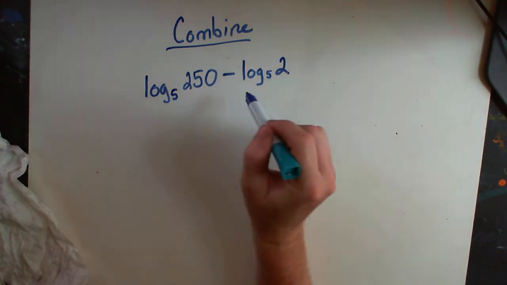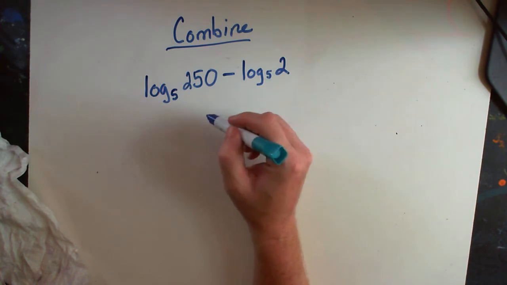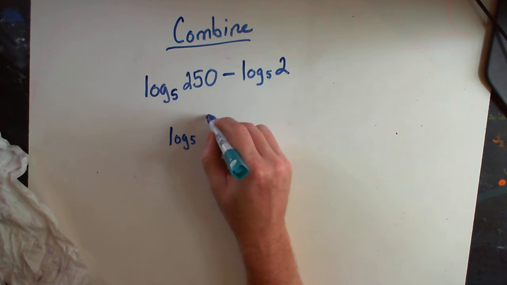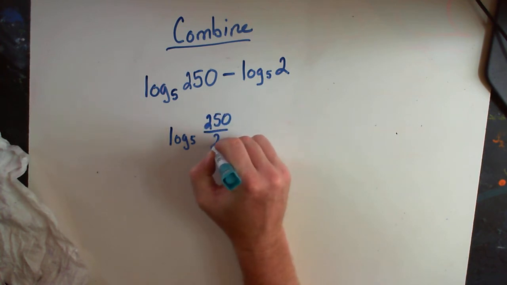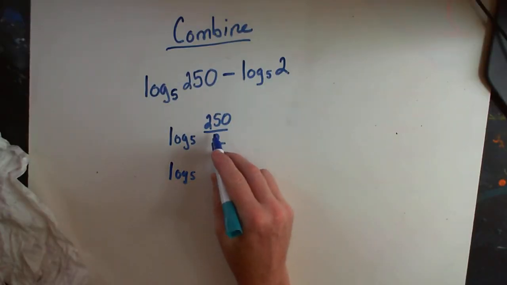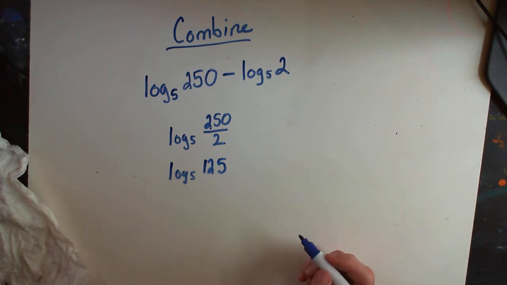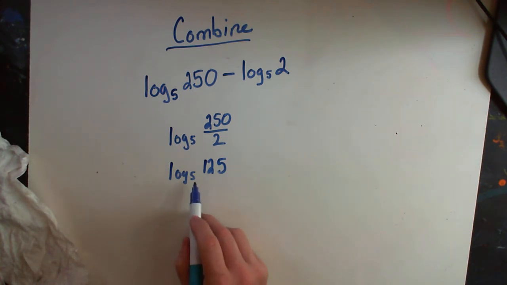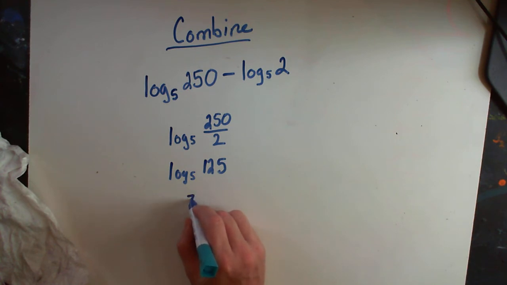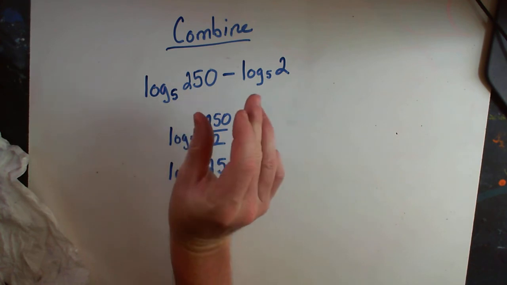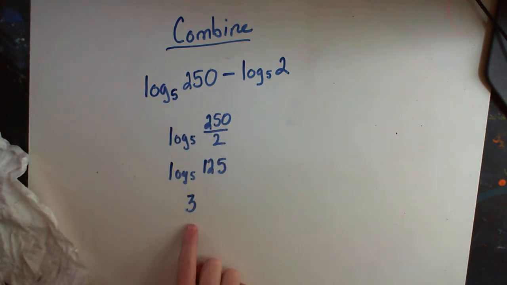Since we have the difference of logarithms, that becomes the logarithm of a single quotient. Log base 5 of 250 divided by 2, and 250 divided by 2 is 125. And as we saw in a previous example, 5 to the third power is 125. So this quite simply equals 3. But by bringing things together, sometimes things will reduce down and become very simple.